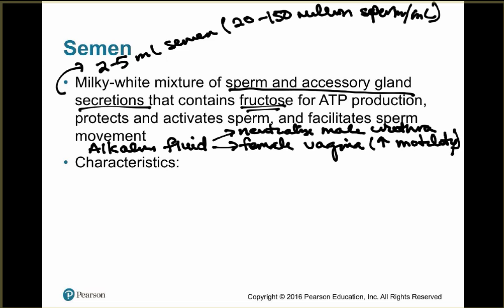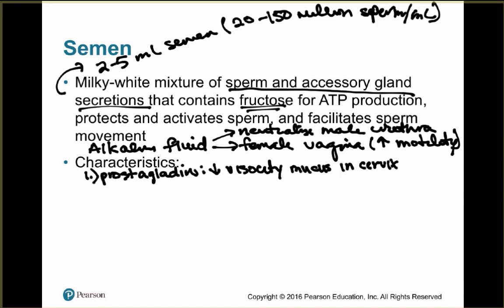Now, there's a bunch of different characteristics of semen. We've talked about all these different things that the different types of glands produce, and we're wondering, well, what's the purpose of that? For instance, they have prostaglandin within semen. This is going to do a couple of things. It's going to decrease the viscosity of mucus in the cervix, and it helps to stimulate reverse peristalsis in the uterus.